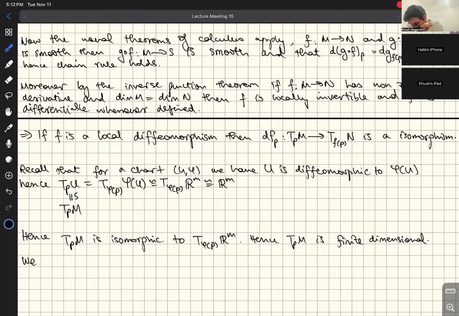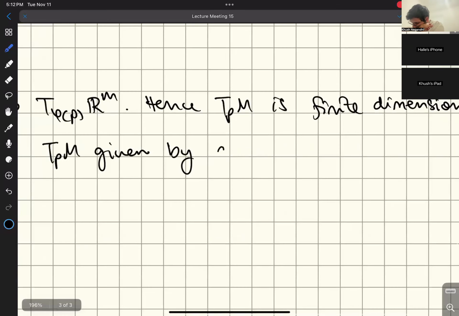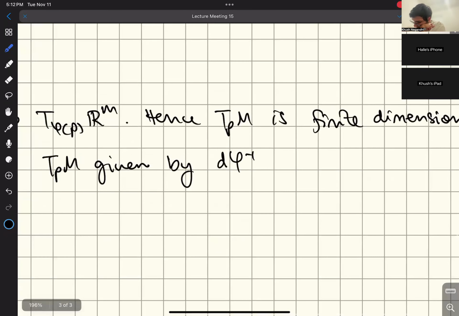We also have a basis for T_pM given by d phi inverse at phi(p) of partial x_i.